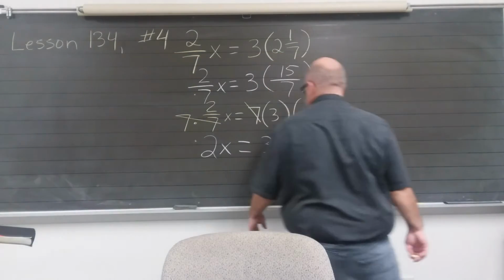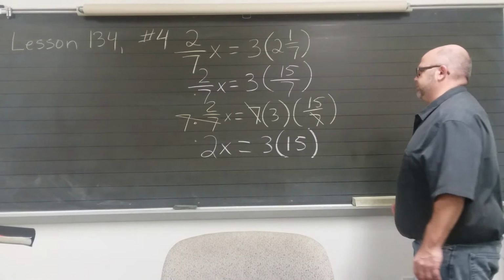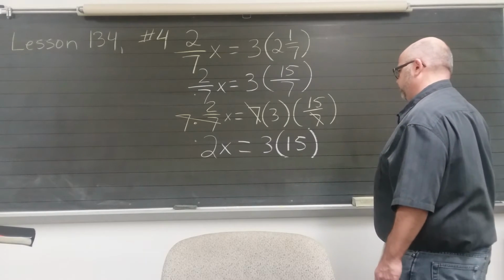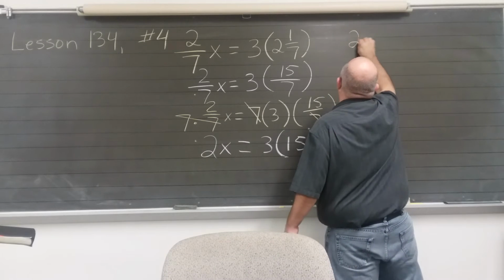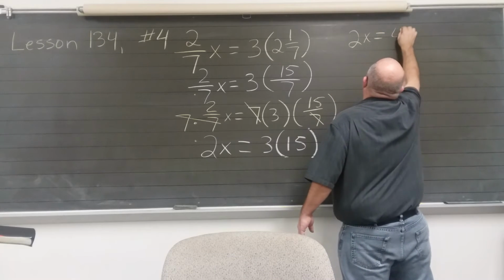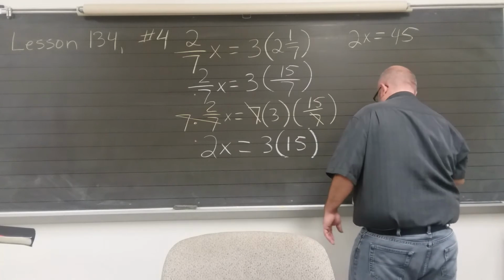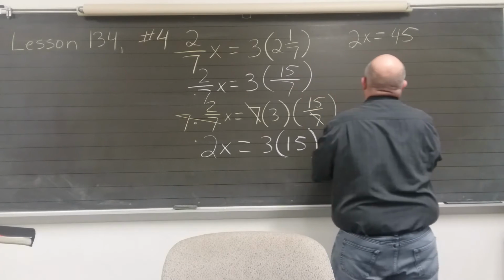Continue over here, which means 2x equals, what's 15 times 3? 15 times 3 is 45. So we have 2x equals 45.